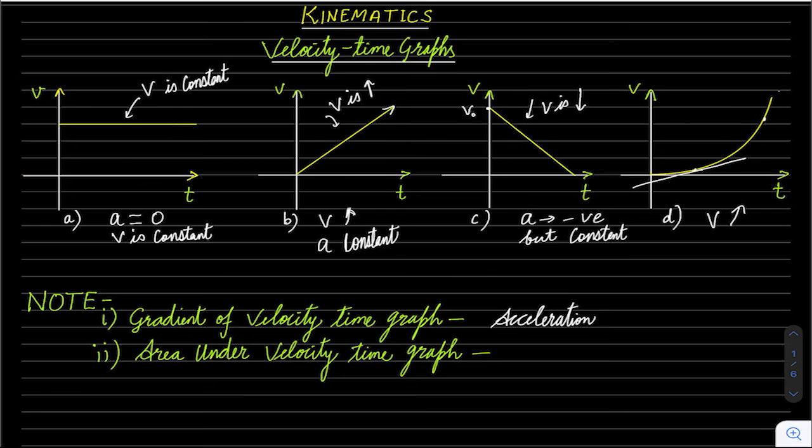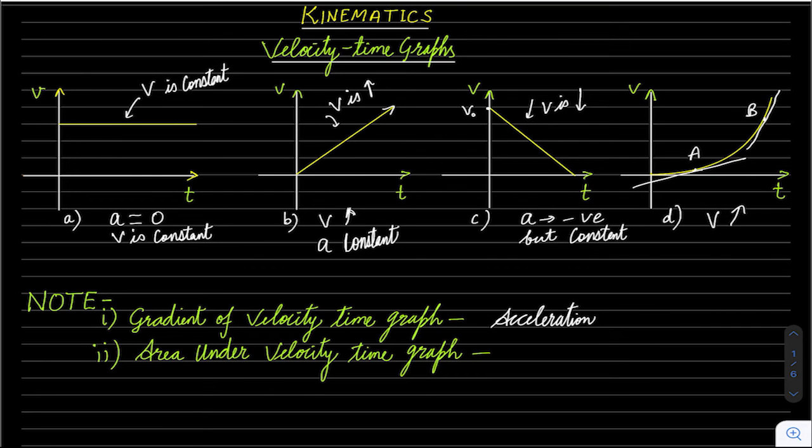If you draw tangents, you can see my gradient at point B is greater than the gradient at point A. So I can say my acceleration of the particle at point B is greater than the acceleration at point A. So it means my acceleration is increasing.